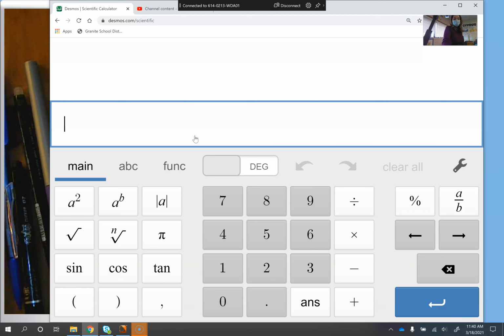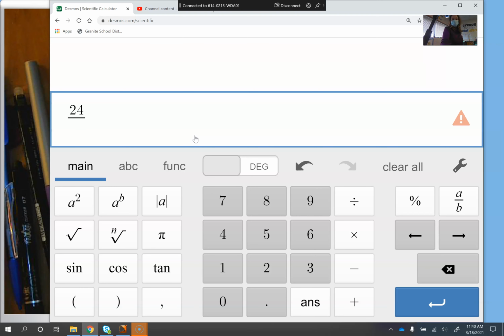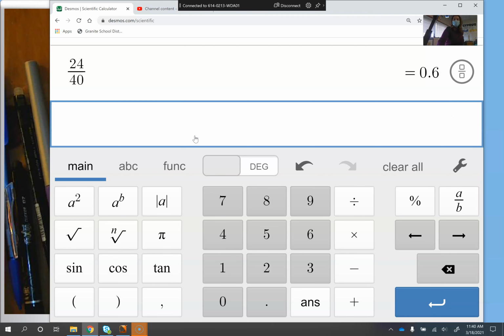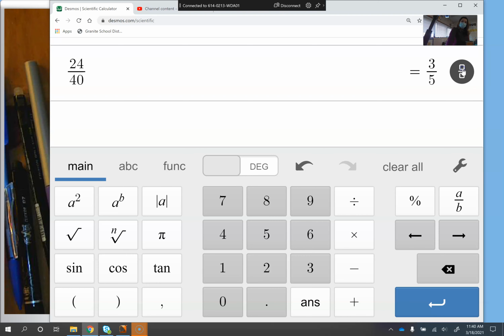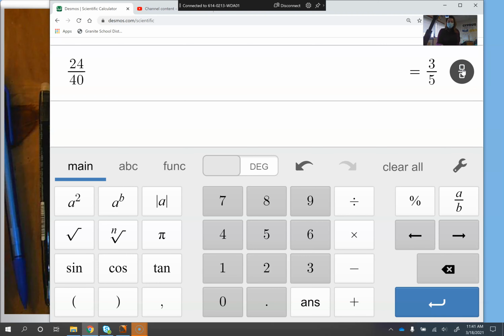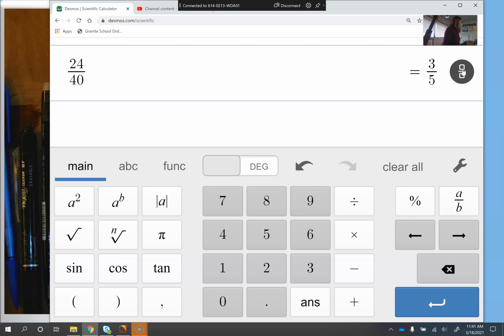I would type in 24/40 and hit enter. And if you notice, it gives me a decimal, which is not what I need. I need it as a fraction. So all you have to do is hit this little button here that looks like a fraction. So sine of B was really 3/5. Once you simplify it, it's 3/5.